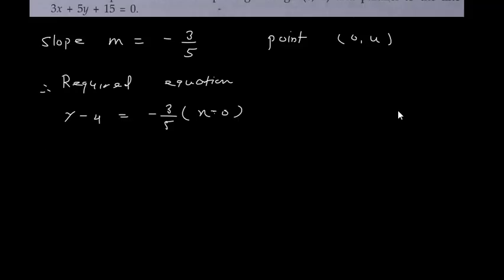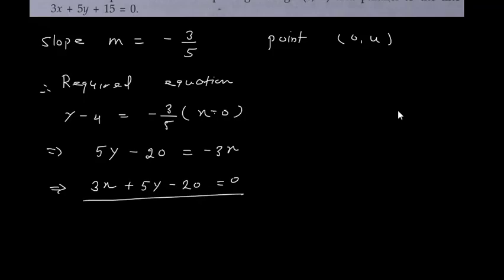So this will give me 5y minus 20 equal to minus 3x. That is, this will give me 3x plus 5y minus 20 equal to 0. 3x plus 5y minus 20 equal to 0 will be your required answer.